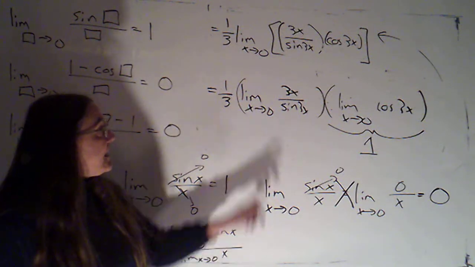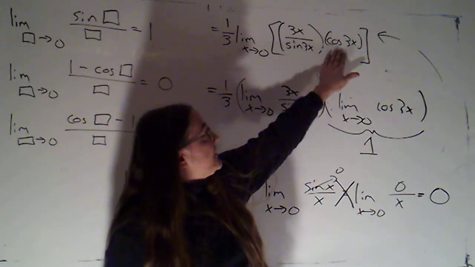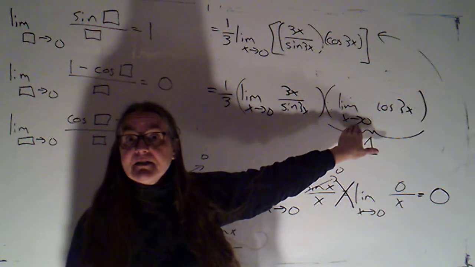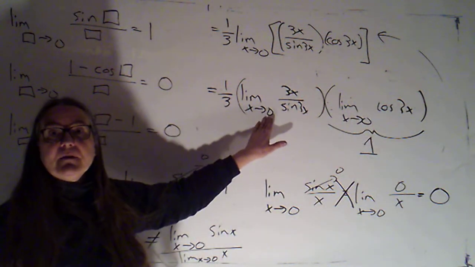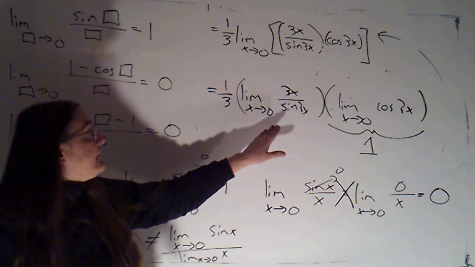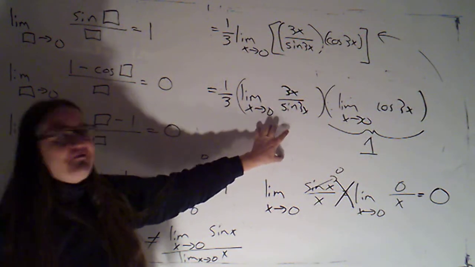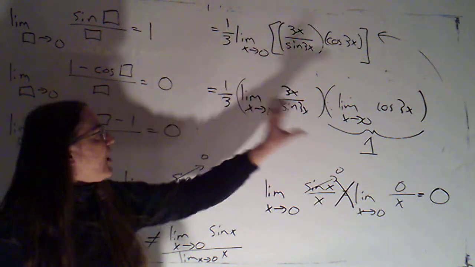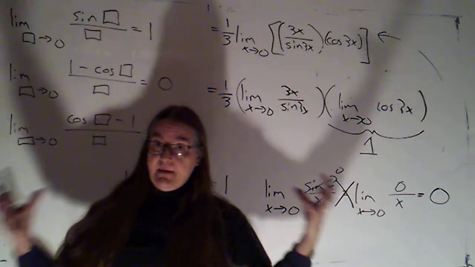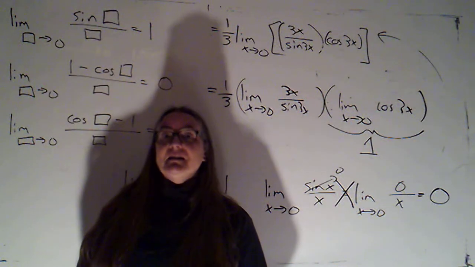You may do that, but if you want to replace this with a 1, you have to first of all explicitly write that that's a separate limit and you're still working with this one. Okay. And that means this has to be a finite number. It turns out it was, so that your product rule of limits that allowed you to separate those into two pieces does apply.